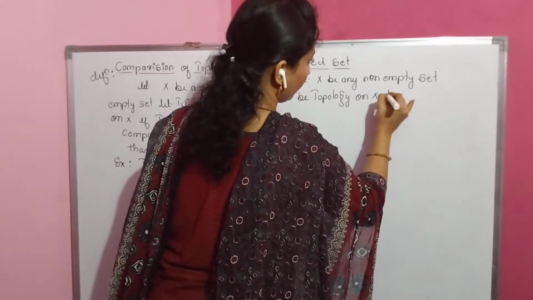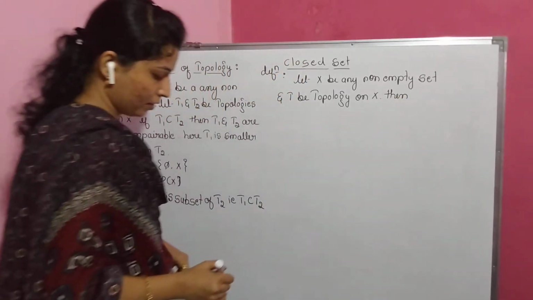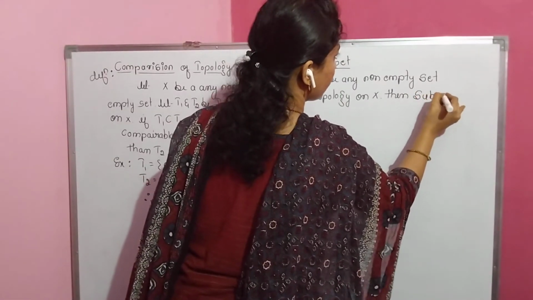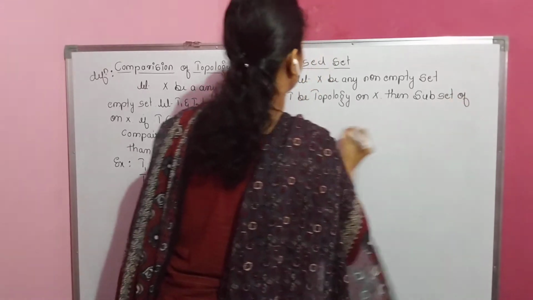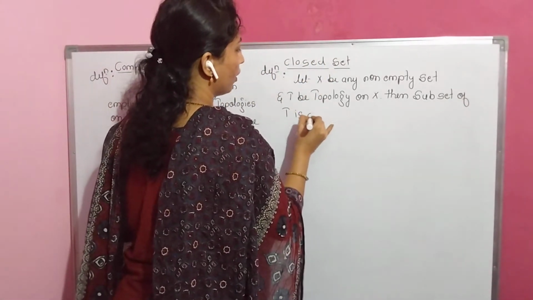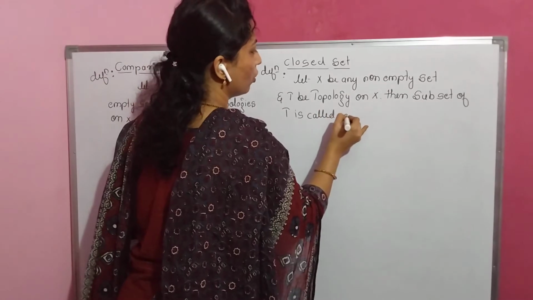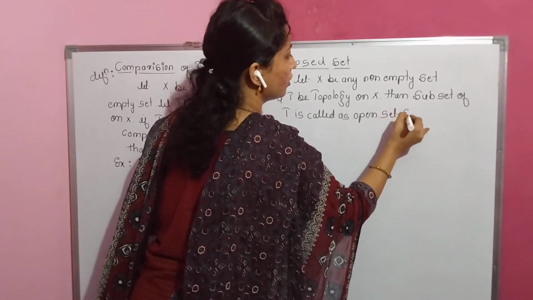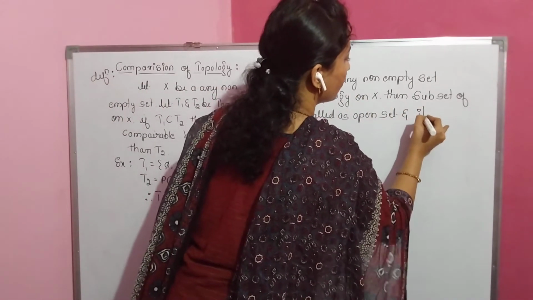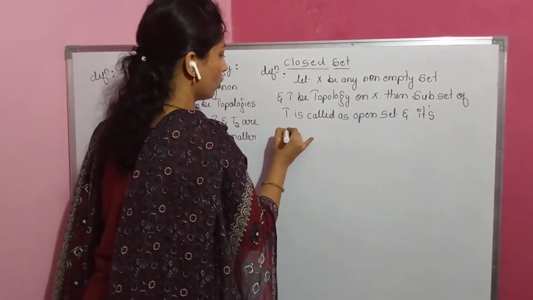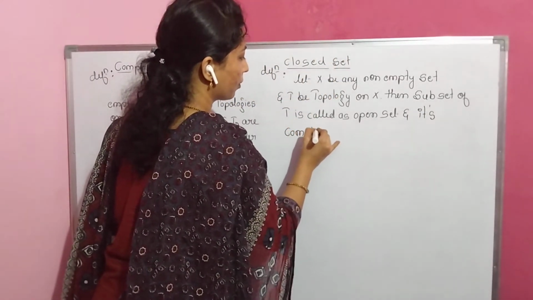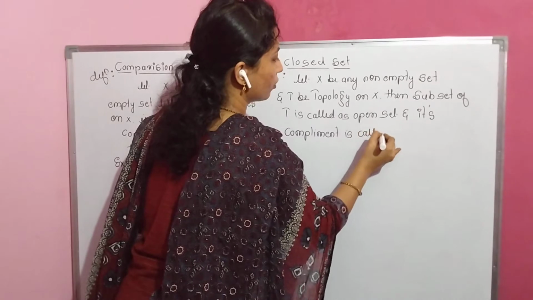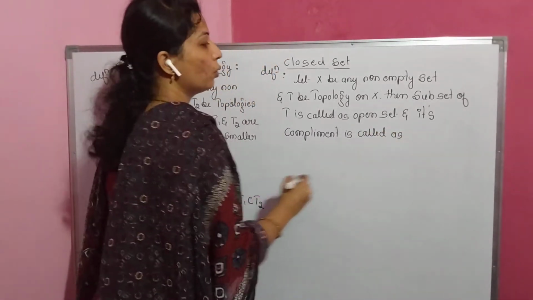Then a subset of T is called an open set and its complement is called a closed set.